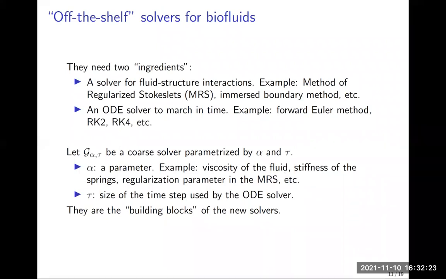When you have your application, you know what the viscosity is, and usually we try not to mess with that. And the stiffness of the springs, again, should be dictated by your application and we shouldn't mess with it. Hopefully in the following few slides, I can convince you of the advantage of massaging these parameters.